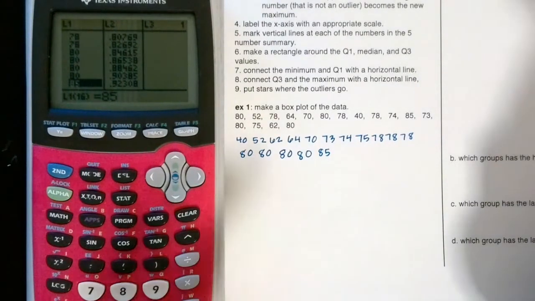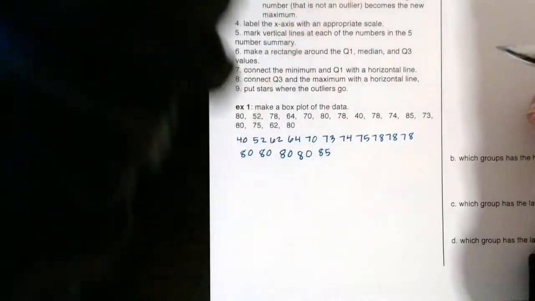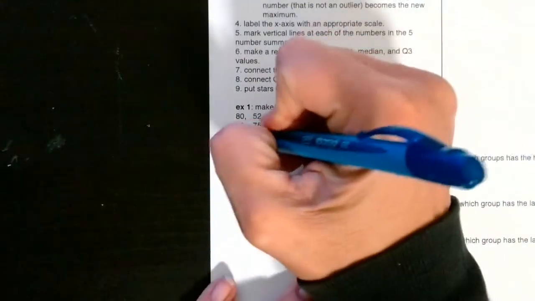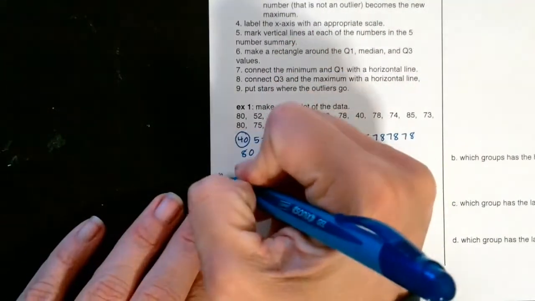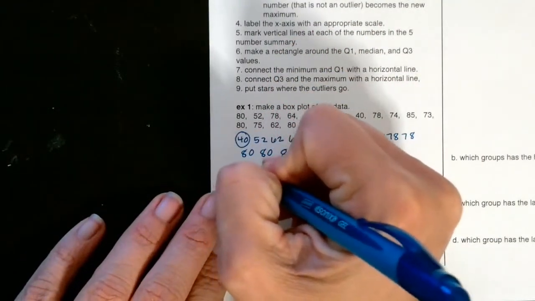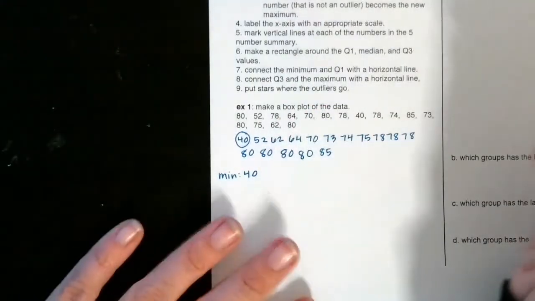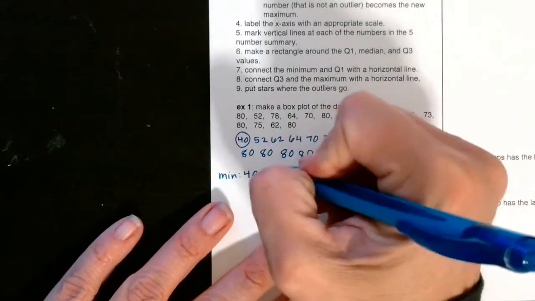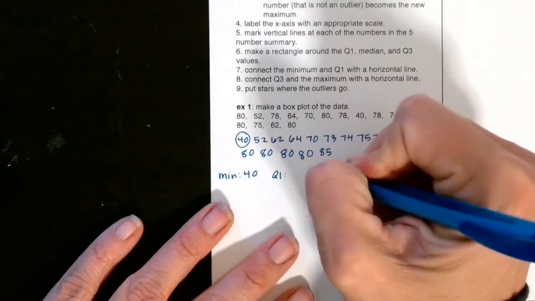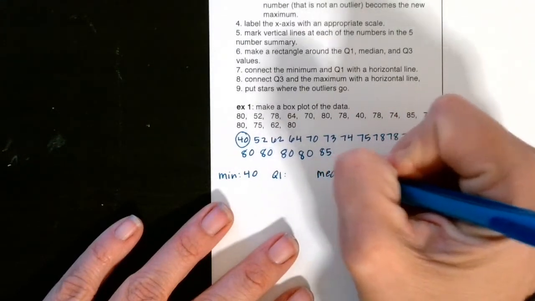So after I do the least to greatest, I do the 5-number summary. I'm going to go ahead and identify my min, which for now is 40. We'll get into that in a second. Then I want Q1, but before I can find Q1, I should find the median.